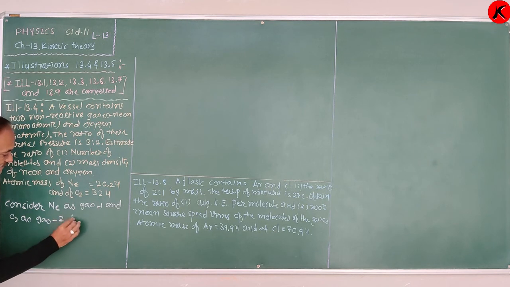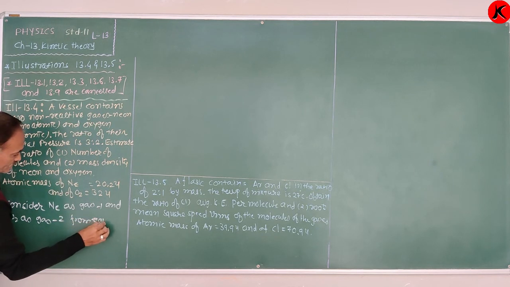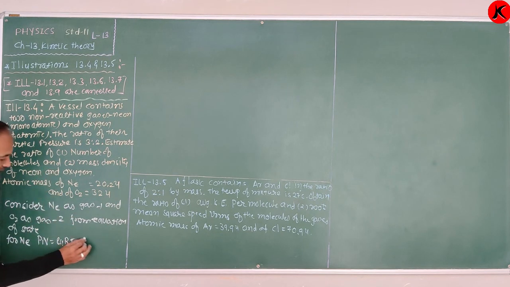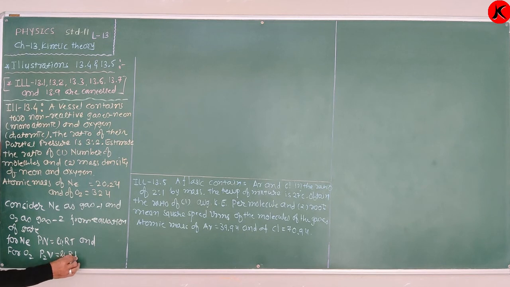From the equation of state, for neon, P1V is equal to mu1 RT, and for oxygen, P2V is equal to mu2 RT. Both are kept at the same temperature and same volume, that means the same vessel, therefore V and T are constant.